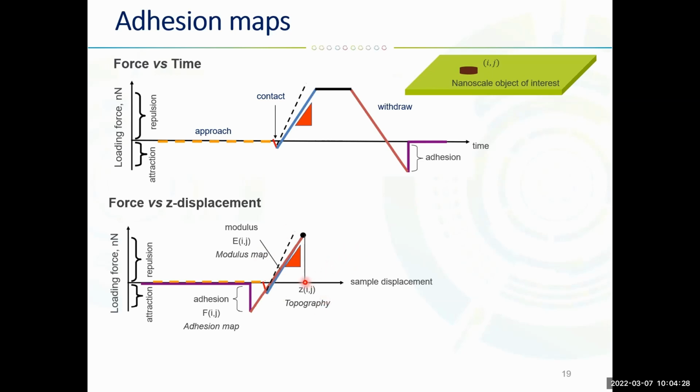After the withdrawal, please look at this area of the force versus displacement curve. It allows you to map the adhesion of the tip to the sample. And this is what you see in your software during the experiment.